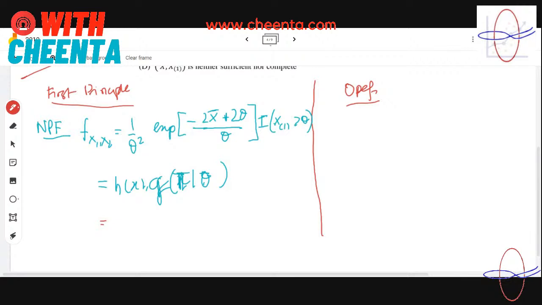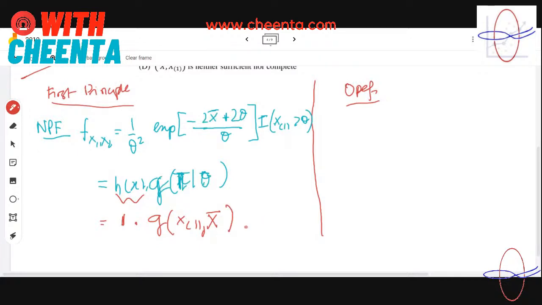Okay, and observe that this h(x) must be equal to 1, and observe that g(t) is a function of both x1 and x bar, right? See, the x bar is there and x1 is there.